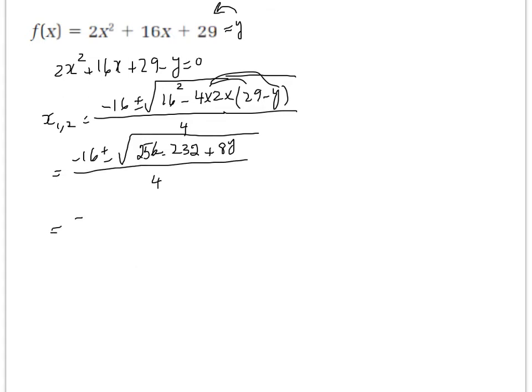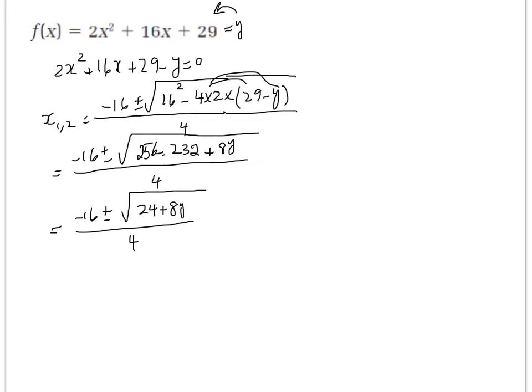That gives me negative 16 plus or minus the square root of 256 minus 232, which gives me 24, plus 8y over 4. So far, this result doesn't look the same as the previous one.